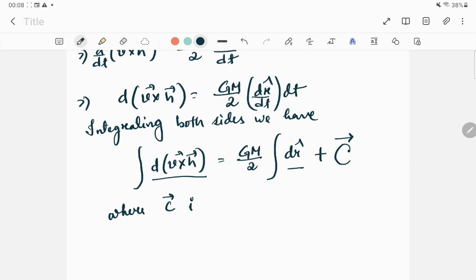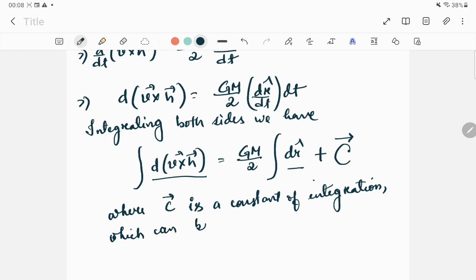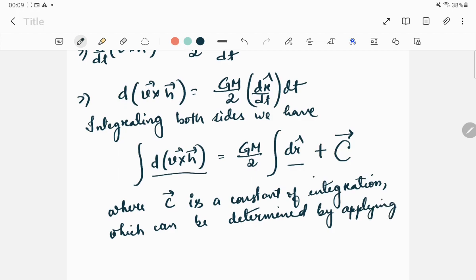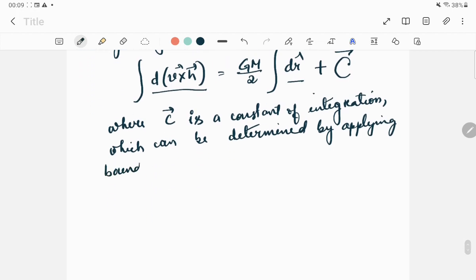So where c vector is a constant of integration which can be determined by boundary conditions.